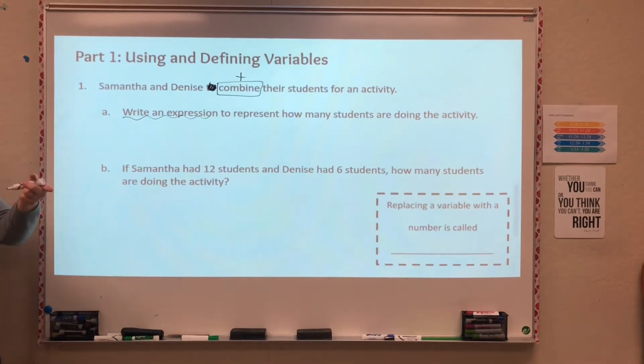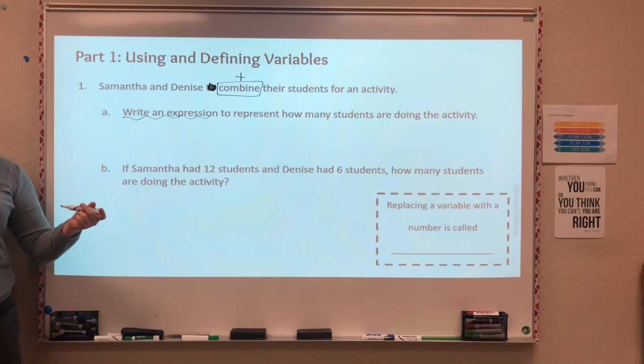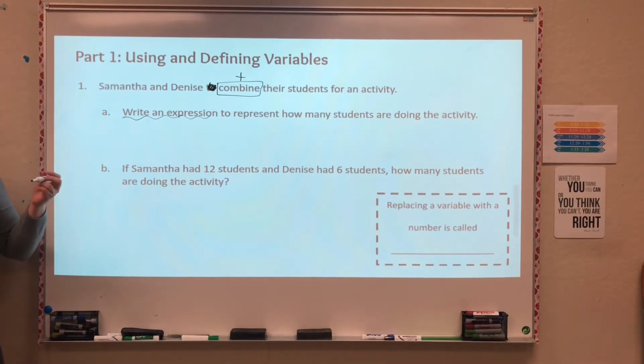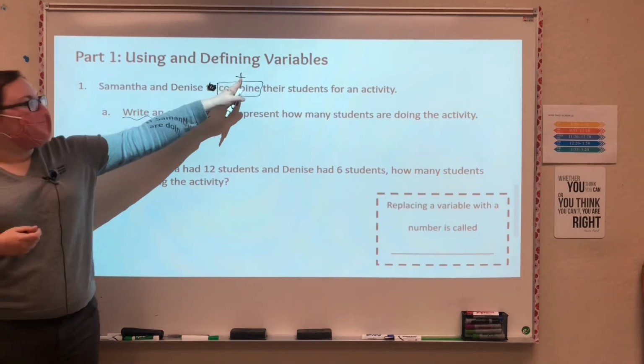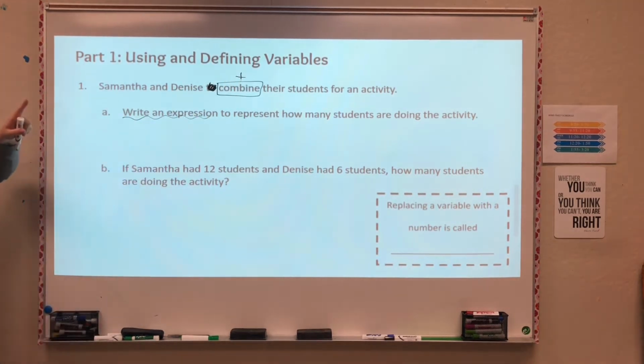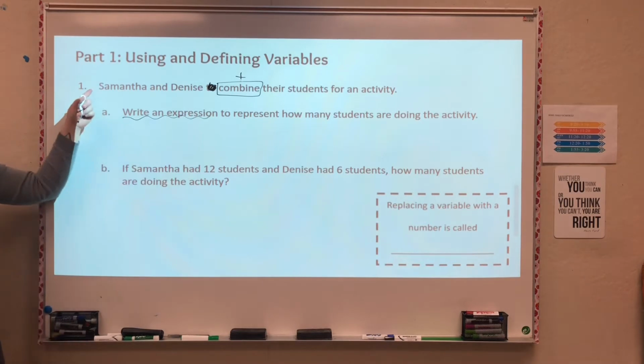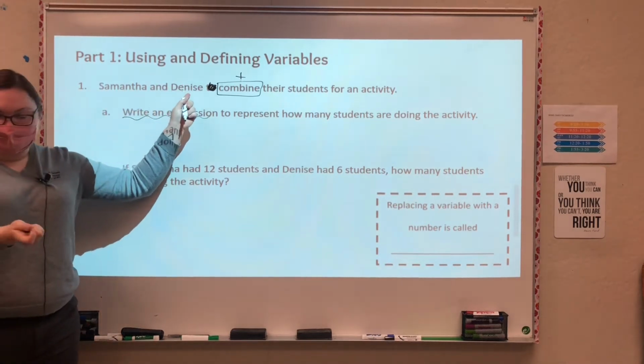We figured out we want to add. What do we want to add? You said S for students, so you're already thinking about what variables we need. We're adding Samantha's students and Denise's students. And I like how you said it. You didn't just say Samantha and Denise, you said Samantha's students and Denise's students together.